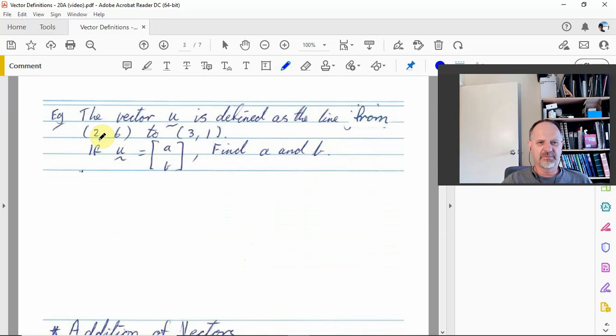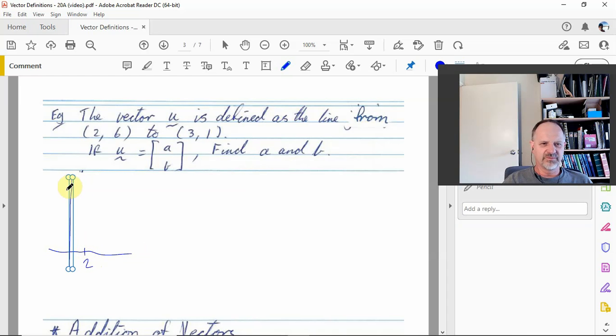There's a couple of different ways we can do it. We can draw a Cartesian plane, and (2, 6) is up here. That's where we start, and (3, 1) is down here. That's where we finish, and so the vector we're after goes from there down to there.